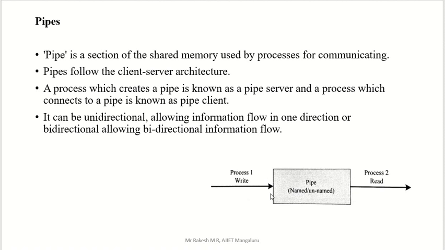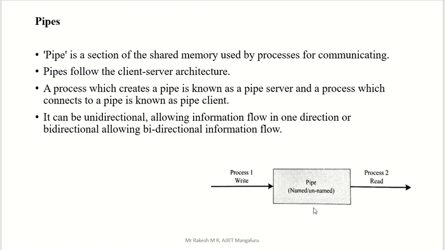Here this is the common thing, and information will pass through it. The pipe may be named or unnamed, anonymous or with some name. A pipe is a section of shared memory used by processes for communication purposes. Pipes follow the client server architecture.